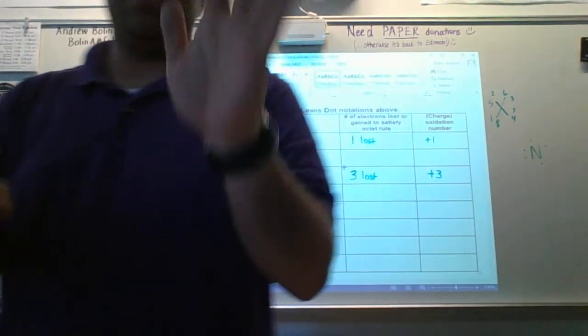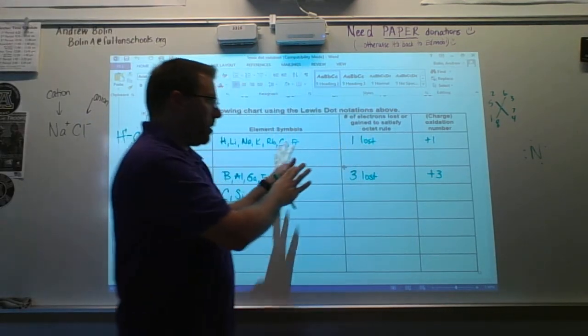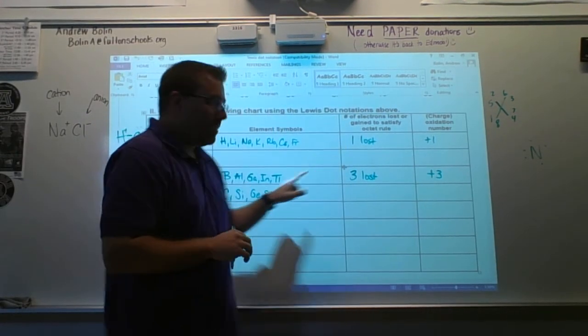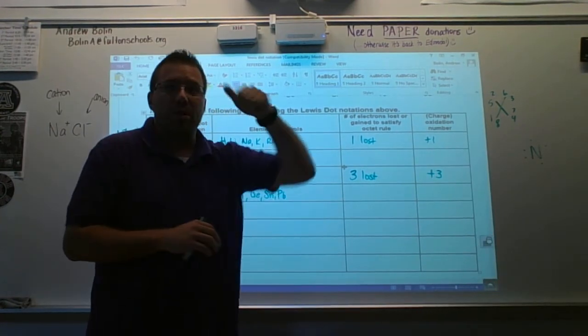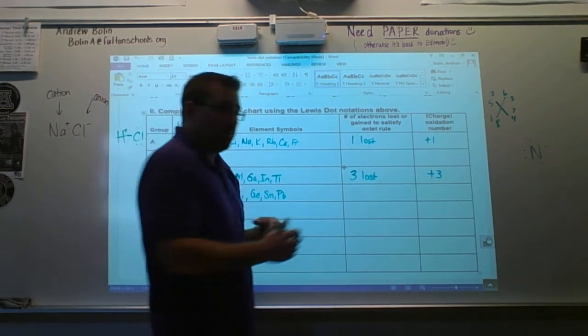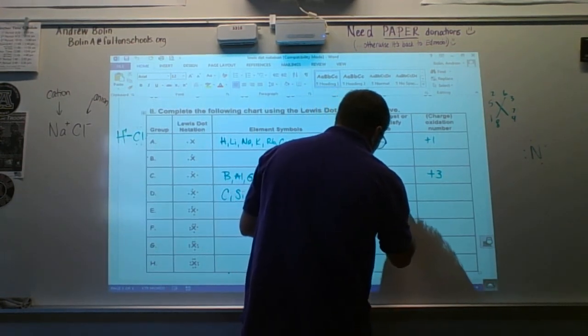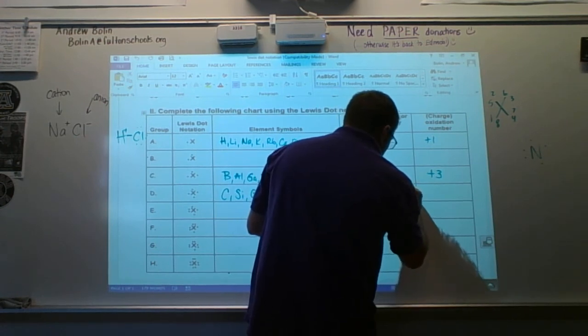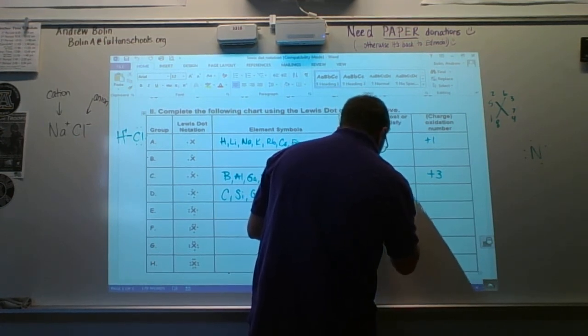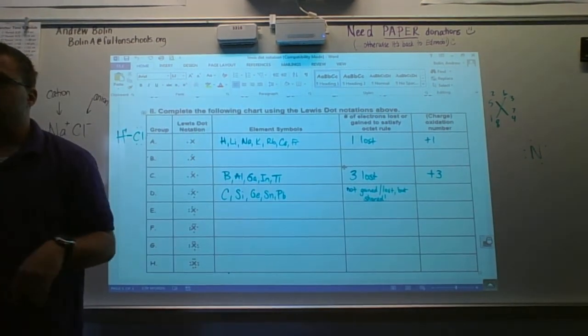In that column that has all of these elements, you're not going to gain or lose. You're going to share electrons. So not gained or lost, but shared. So what would you put for the oxidation number?